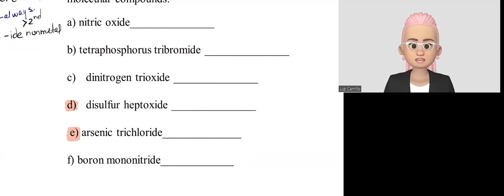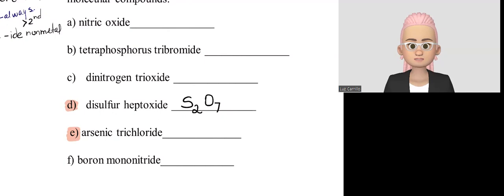That means I'm going to put the symbol for sulfur, which is a capital S. Di means that there are two sulfurs. The next word says heptoxide. Oxide refers to oxygen, and hept is the prefix for 7. So the chemical formula for this covalent compound is S2O7.